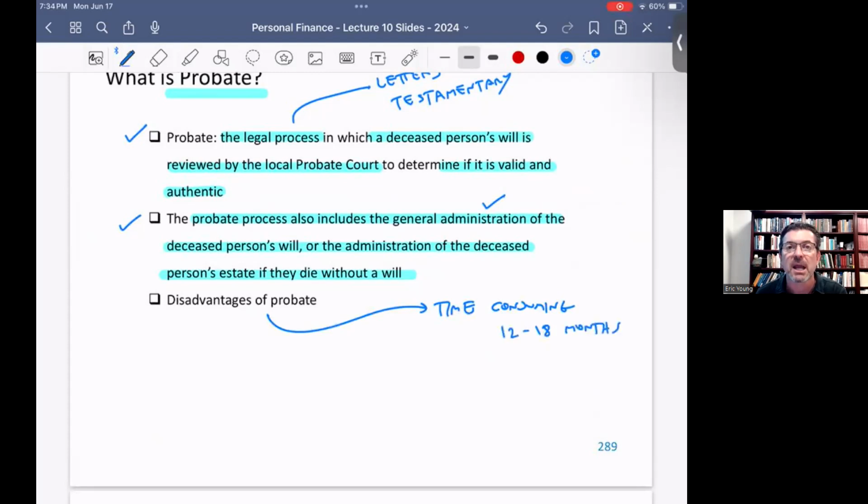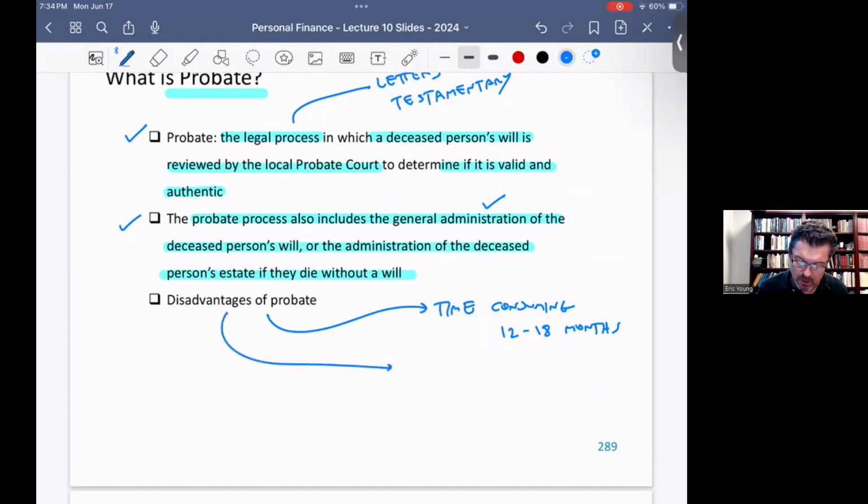And in that time, your property is effectively tied up and cannot be fully distributed to your heirs and beneficiaries. So it's very time consuming and locks up your cash, preventing your heirs and beneficiaries from getting it.